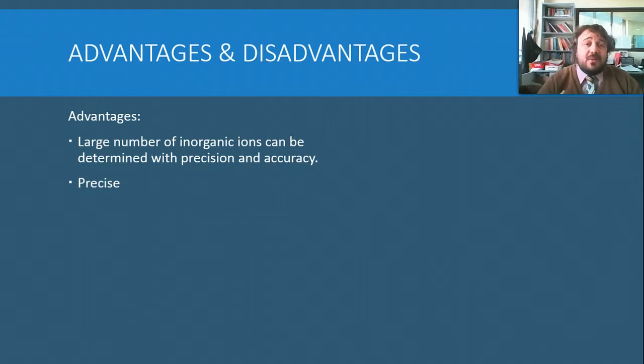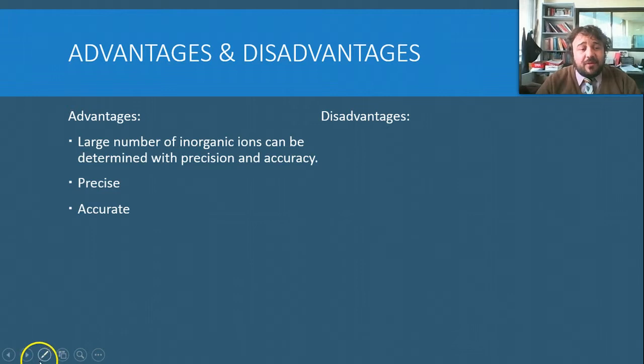Of course, when we do it in a school lab, you'll see that it's not quite as perfect as it seems, but in a proper analytical lab, this is actually the most accurate way to do it. So it's accurate, it's precise, and in a proper analytical lab, this is the most precise and accurate way we have.